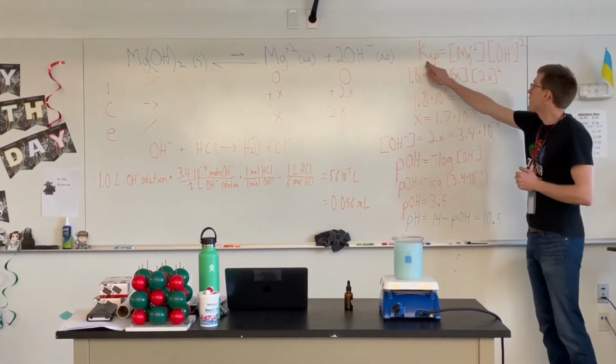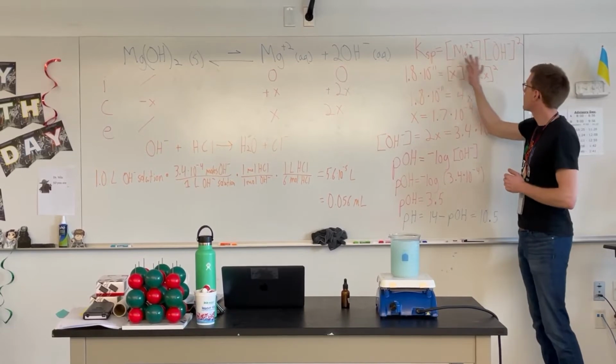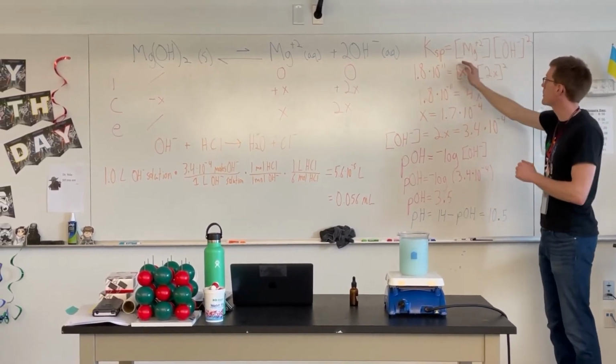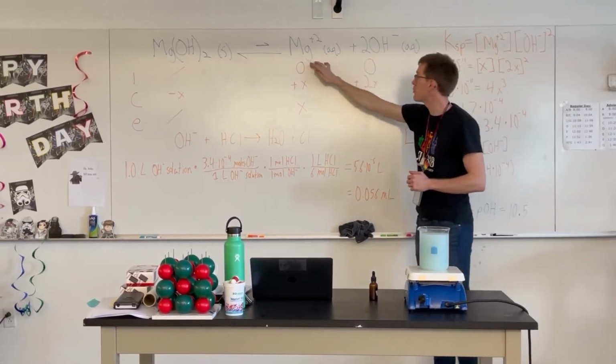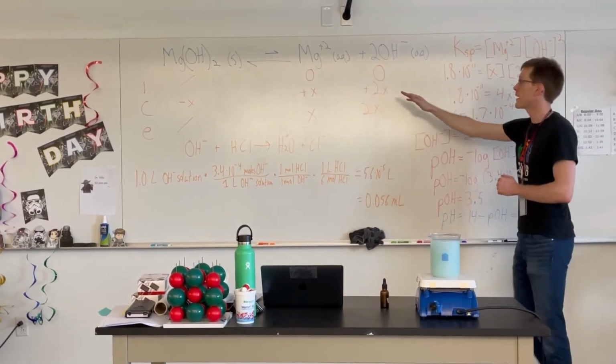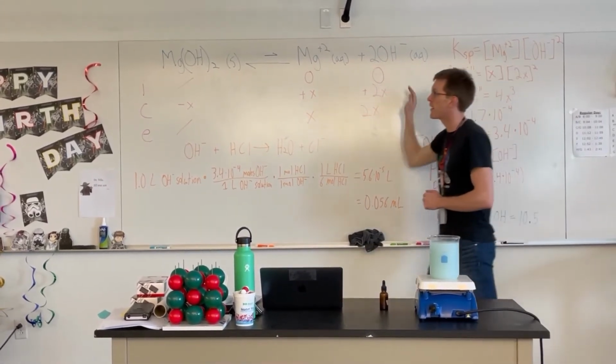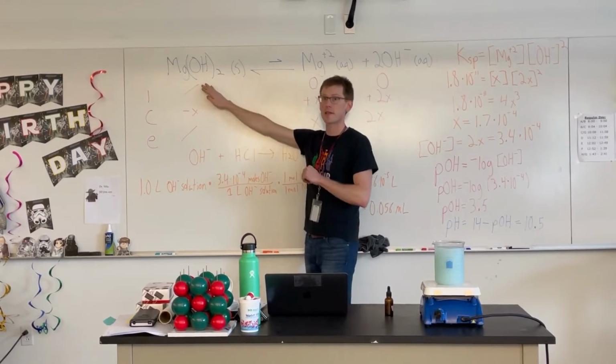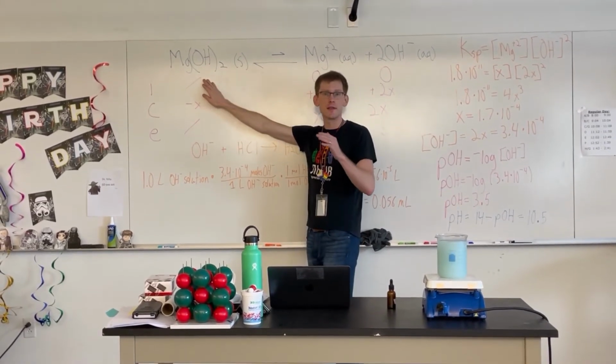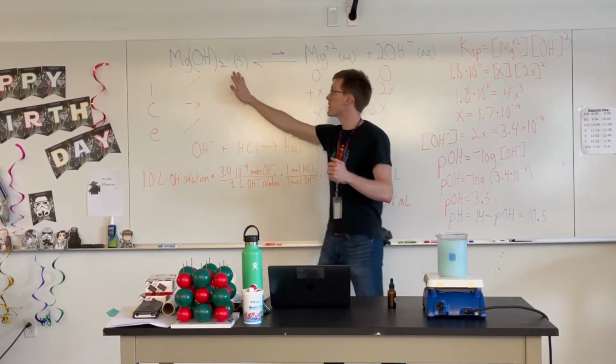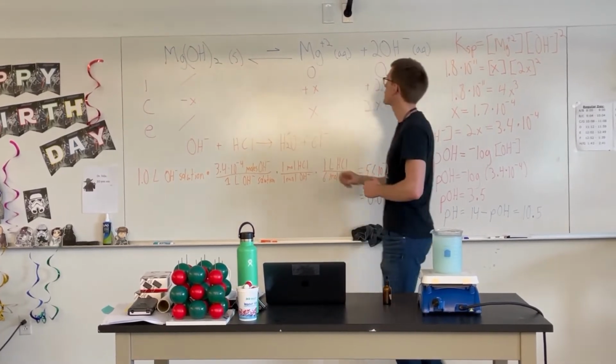Well, we know that the Ksp expression for magnesium hydroxide is going to be the concentration of the 2 products, the magnesium ions and the hydroxide ions, over the reactants, except there are no reactants in the aqueous or gaseous phases, so we leave out the magnesium hydroxide.